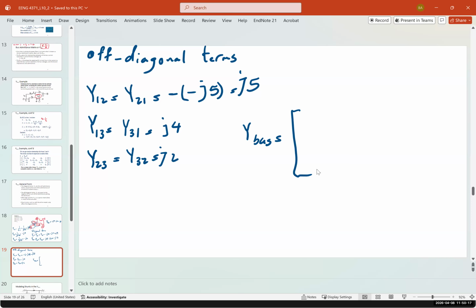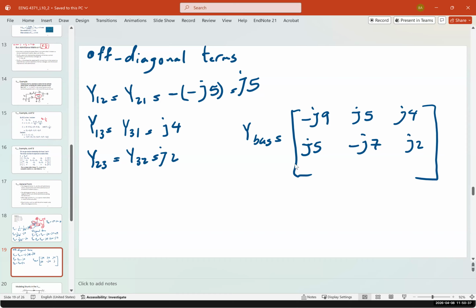You're going to have y11, which is negative j9, then y12, which is j5, then y13, which is j4. And then you're going to have, again, here j5, and negative j7, and j2, and then j4, and then j2, and negative j6.